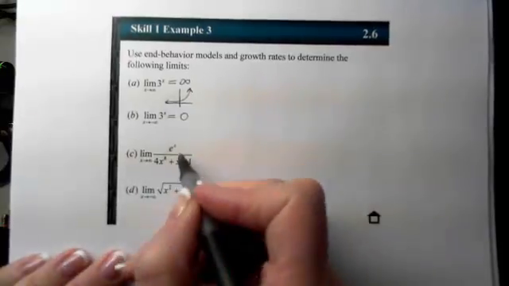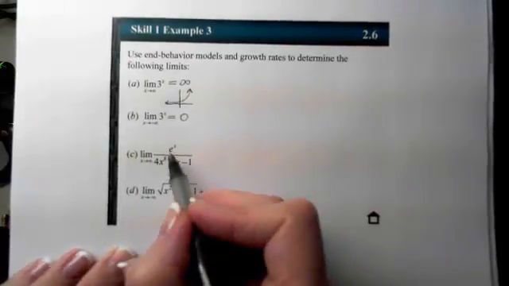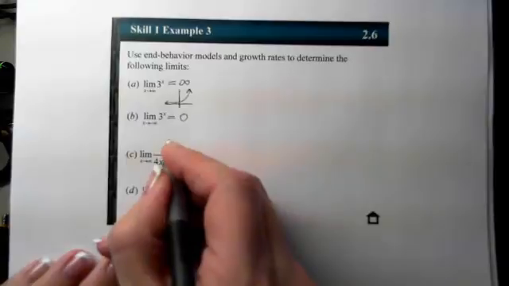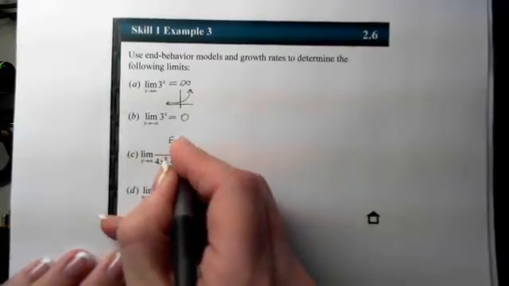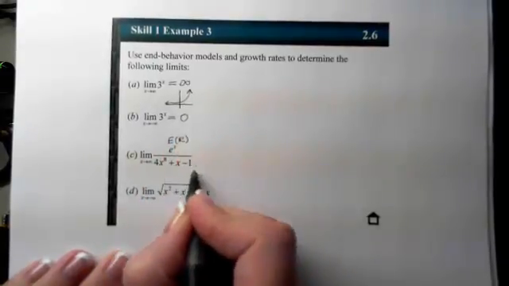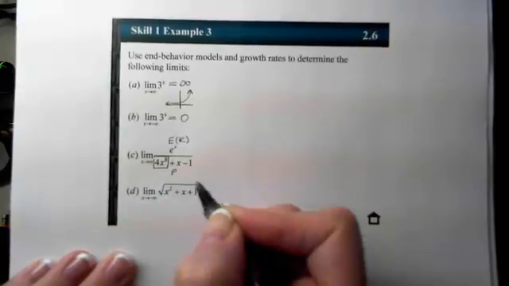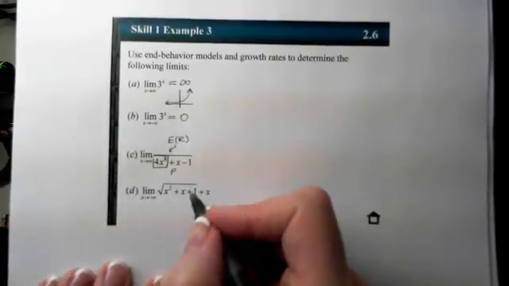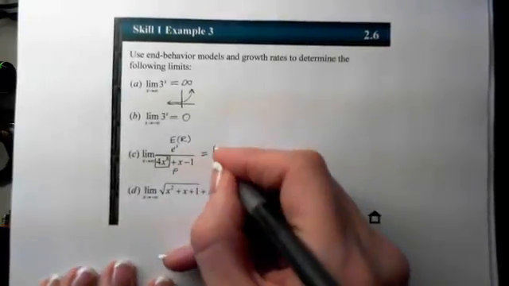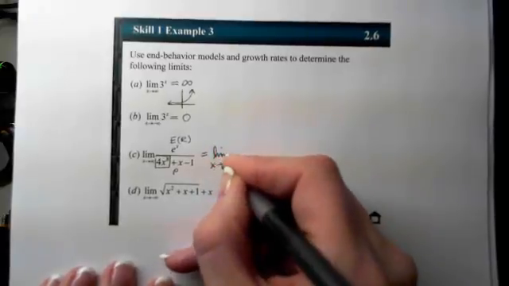Now if we move to part C, here we have an exponential that is growing on the right, and we are comparing it to a polynomial whose dominant term is the 4x to the 8th. In this particular case, we cannot just use our dominant terms and get a nice reduced answer.